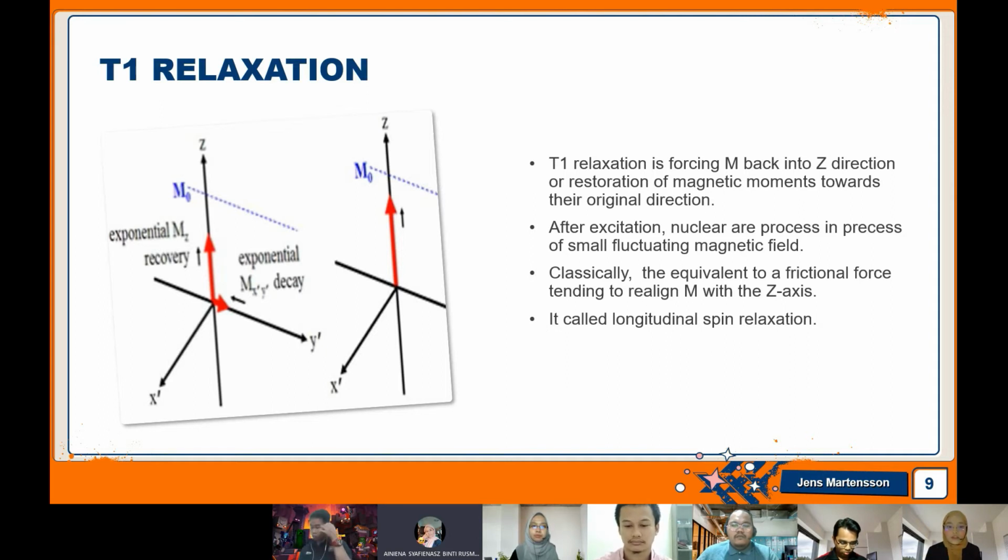Thus, a fluctuating environmental field gives rise to a spectrum of photons. Those with just the right energy can induce transitions between the nuclear spin states and restore equilibrium. Classically, this is equivalent to a frictional force tending to realign M with the Z-axis. This is what we call longitudinal spin relaxation.